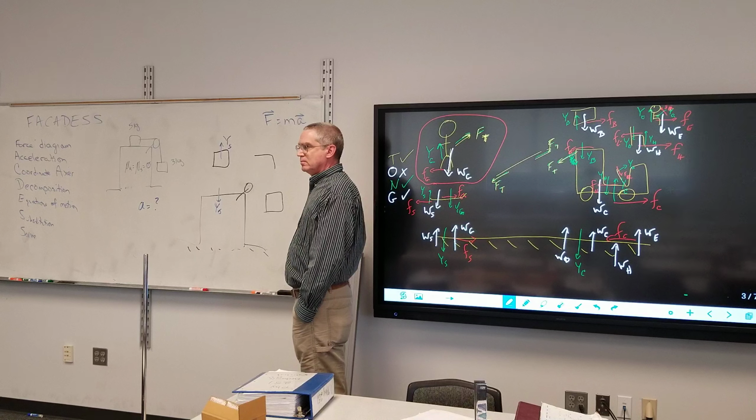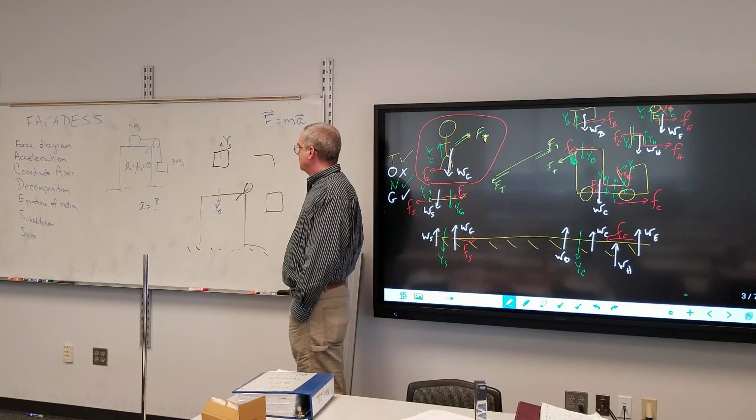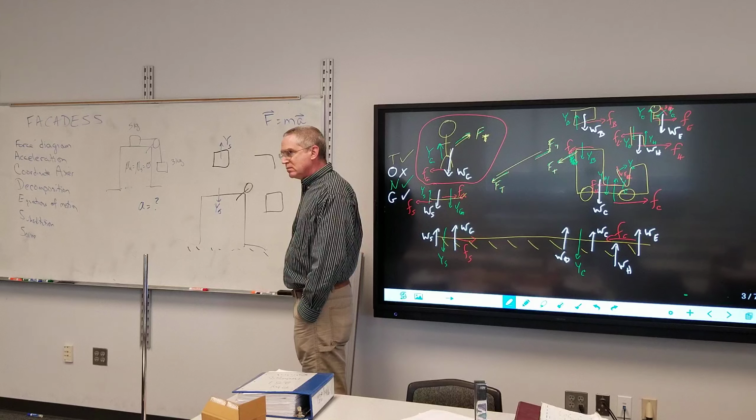What else? Acting downward, the rope and the pulley.